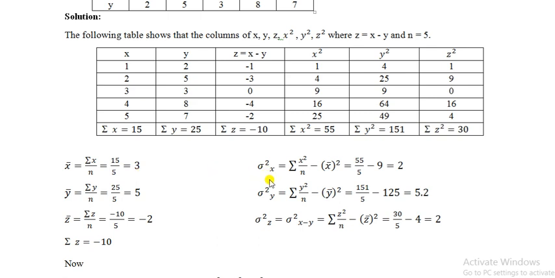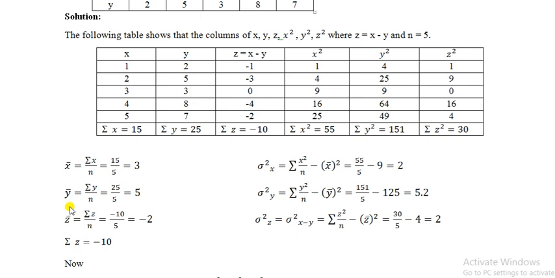Then the sigma square formula: sigma square x equals summation of x square by n minus x bar square. So summation of x square is 55, n is 5, minus x bar square. x bar square means 3 square, which is 9. So 55 by 5 is 11, and 11 minus 9 is equal to 2.